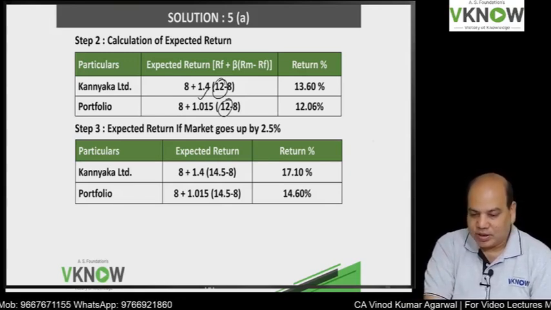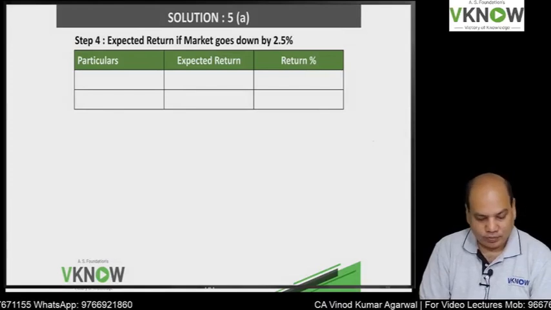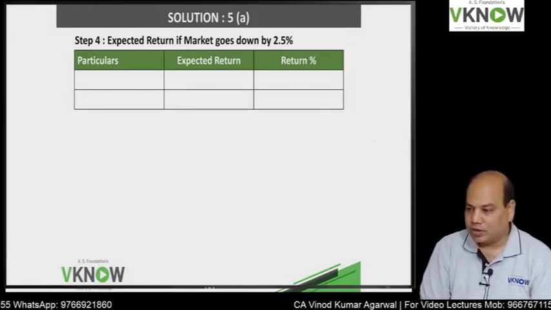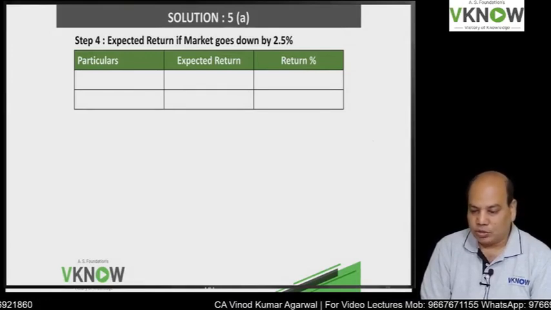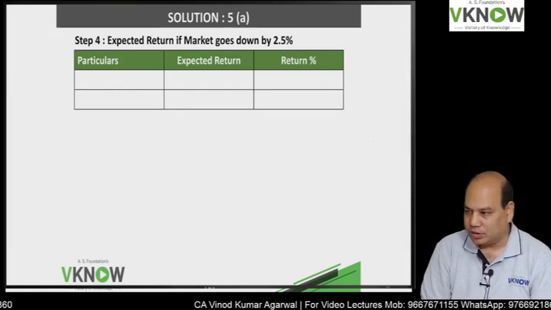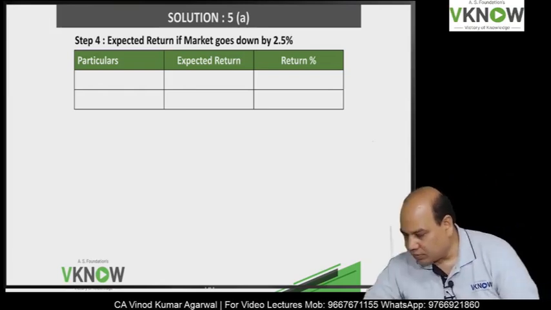Okay, do the same exercise by writing step 4. Expected return if the market goes down by 2.5%.